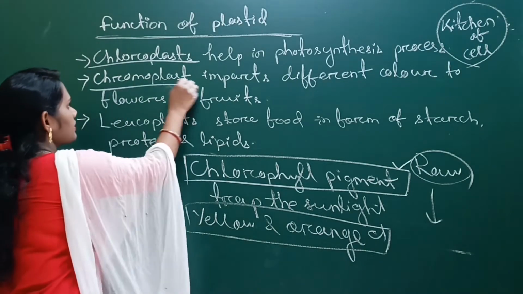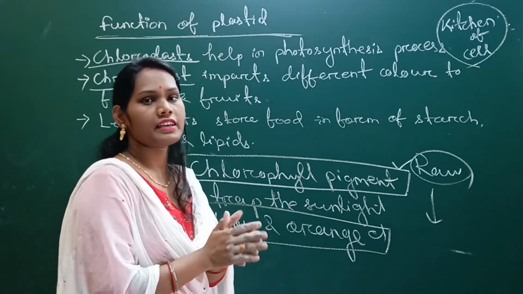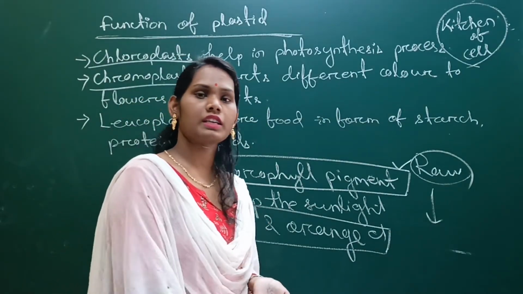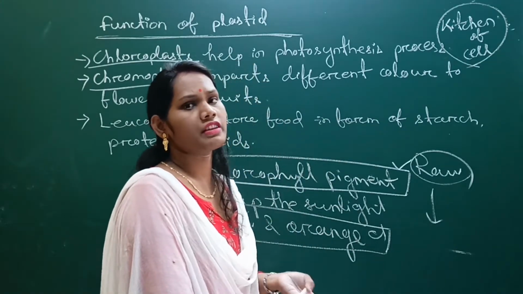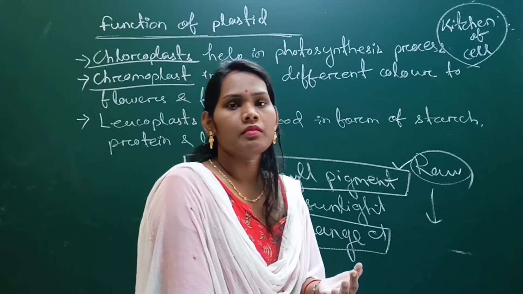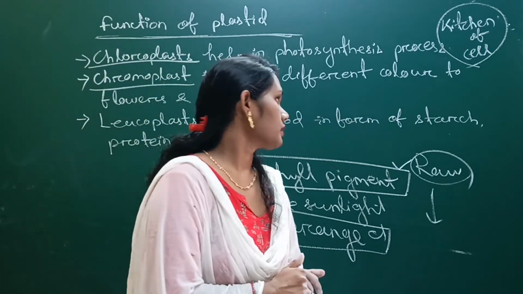Okay, so next the chromoplast. The chromoplasts are the color plastids. As we know, they impart different colors to different flowers. Flowers and fruits have different colors due to the presence of chromoplast. The presence of different colors in flowers makes them look attractive, through which insects are attracted and pollination can occur.